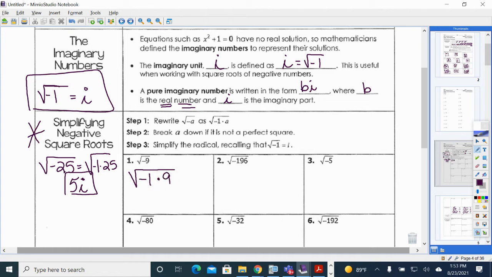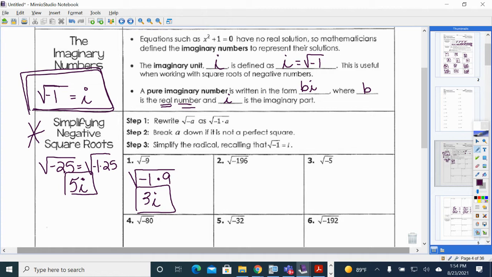Now, the square root of negative 1, again, by definition, is an i, and the square root of 9 is 3. To write that answer, you're going to use i kind of like a variable. It's not a variable. We know that i represents the square root of negative 1, but we don't ever put the number behind it. It's 3i, not i3.